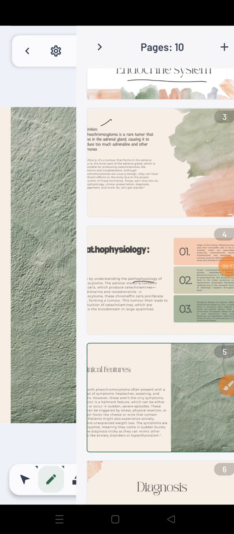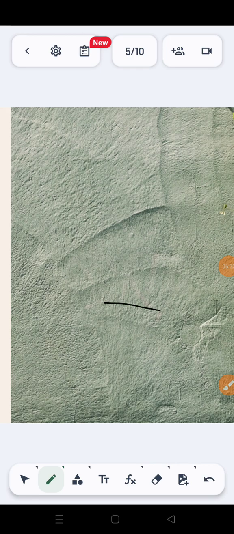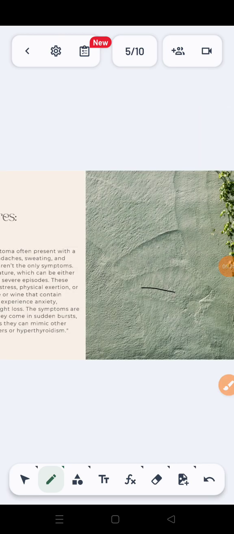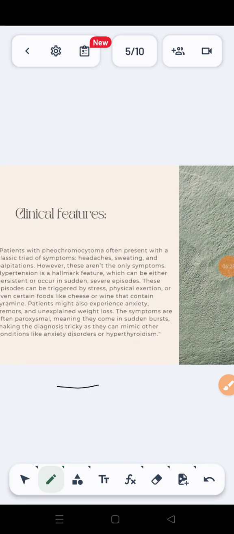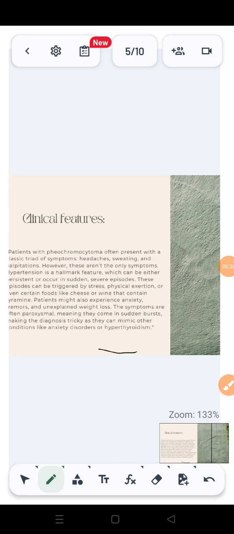Now we'll discuss the clinical features. Patients with pheochromocytoma often present with a classic triad of symptoms.